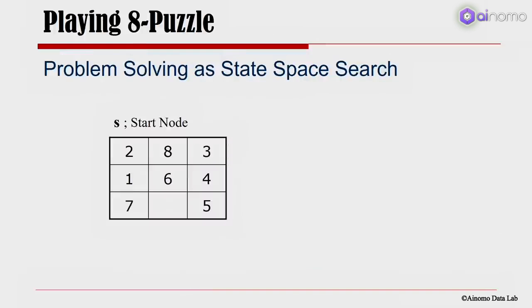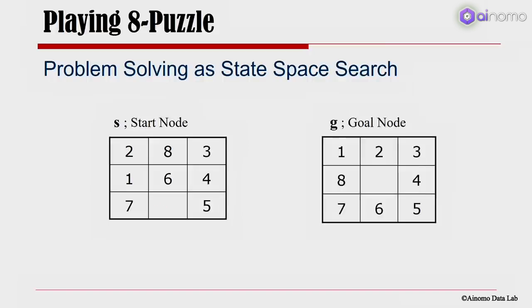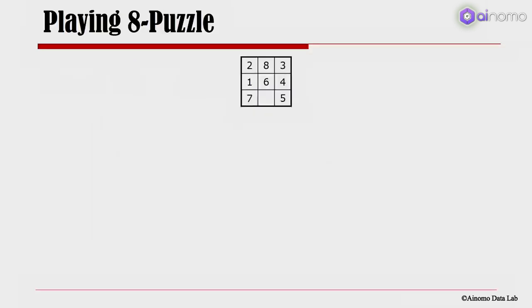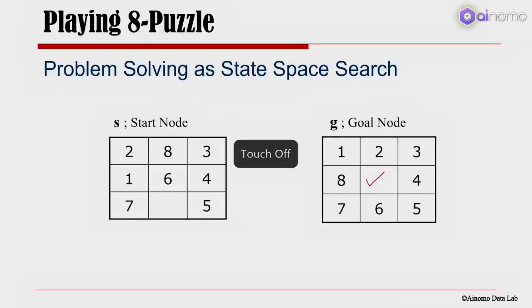So let's look at playing 8 puzzle with problem solving as state space search. Here is our start state, where I have 9 tiles and my empty at the bottom. And this is my goal state, where I have arranged everything as 1, 2, 3, 4, 5, 6, 7, 8 with empty at the middle. Now, remember the 4 operators we were talking of, let's quickly recall them.